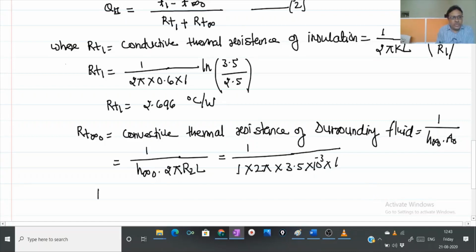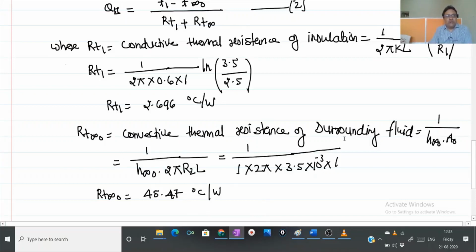So from here RT infinity O comes out as 45.47 degrees Celsius per watt.